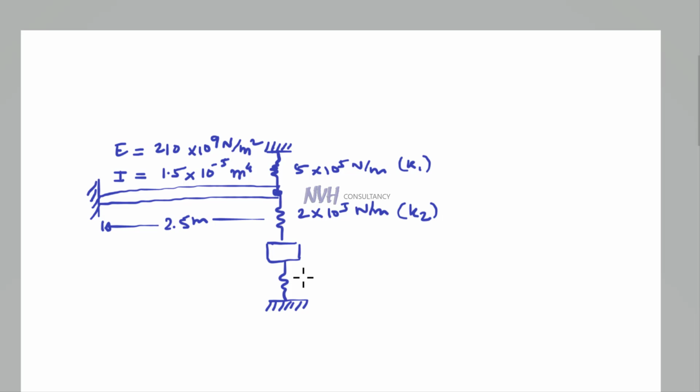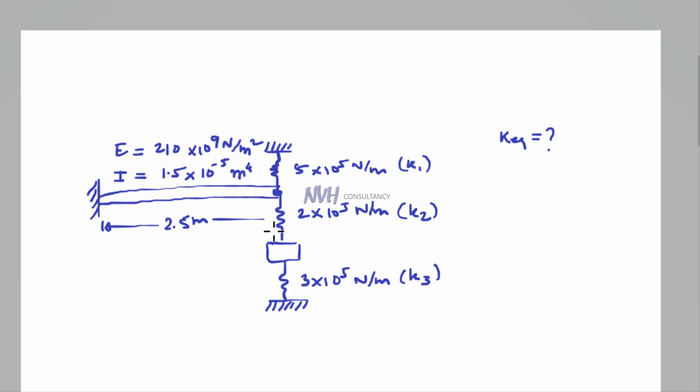Third spring stiffness is 3 into 10 to the power 5 newtons per meter. Let's call it K3. Now we want to find the equivalent stiffness of the entire system. K equivalent is what we want to find in this problem.